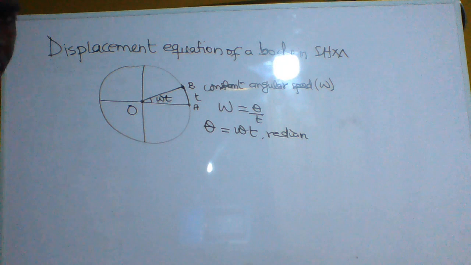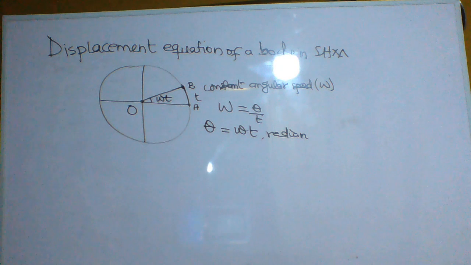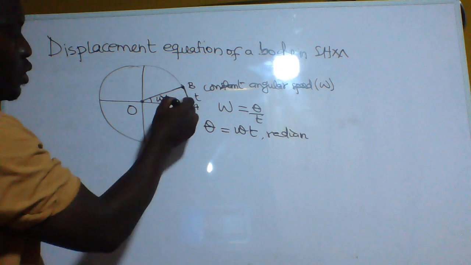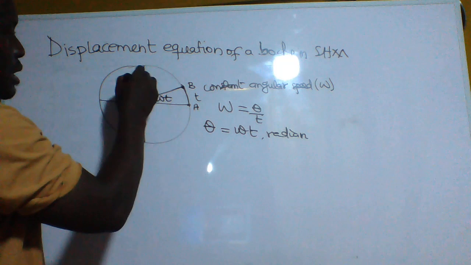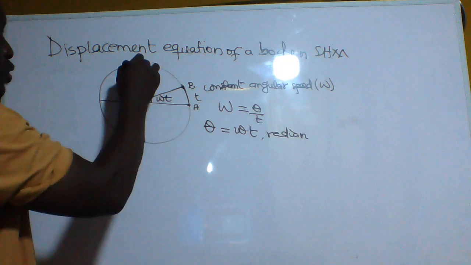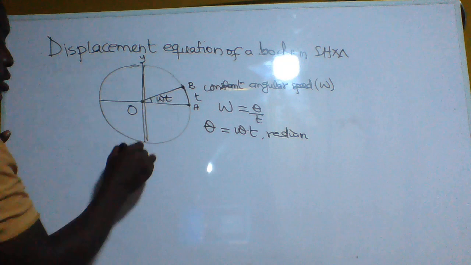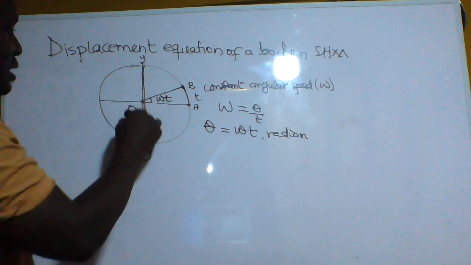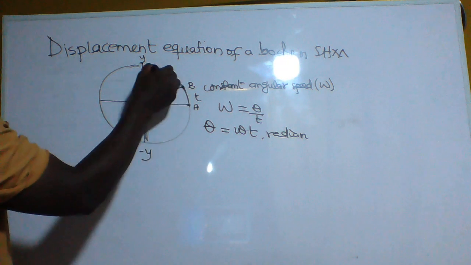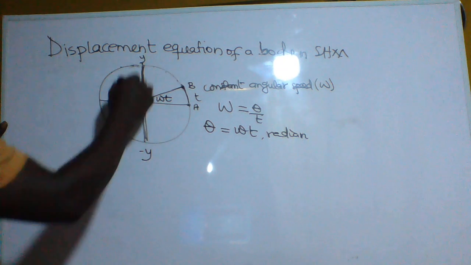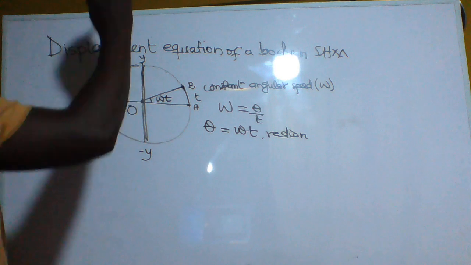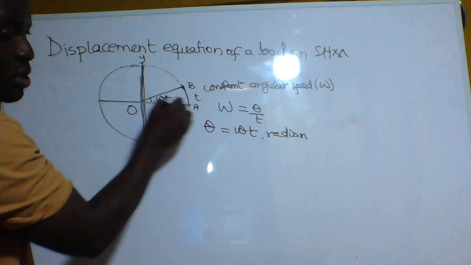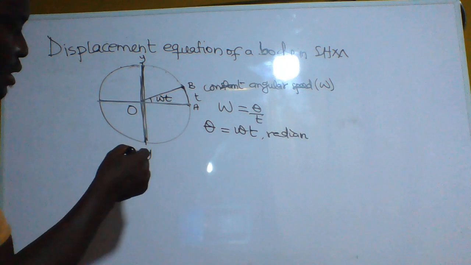So if this is omega t, then as the body embarks on circular motion, it is also doing simple harmonic motion. As the object moves through the circumference, it can be oscillating either vertically or horizontally.